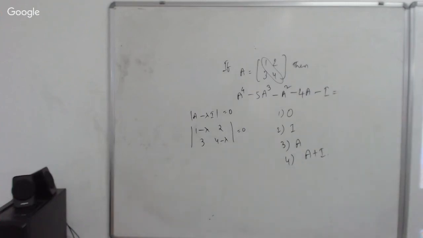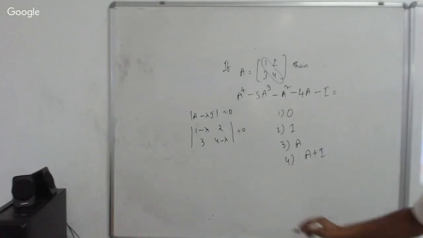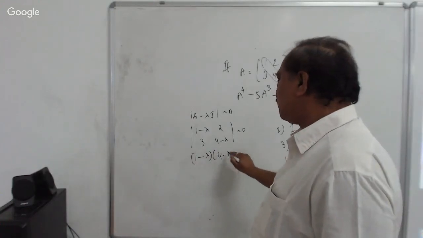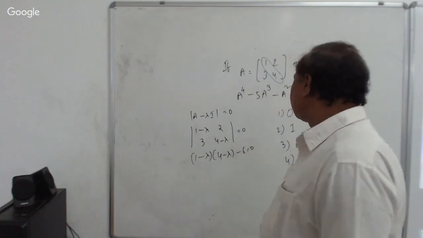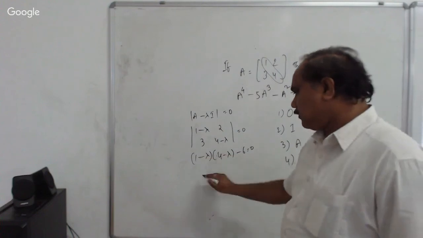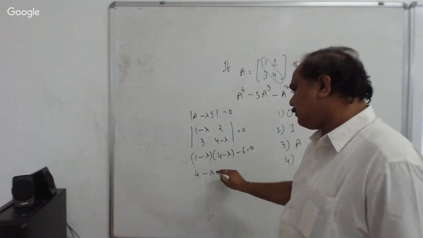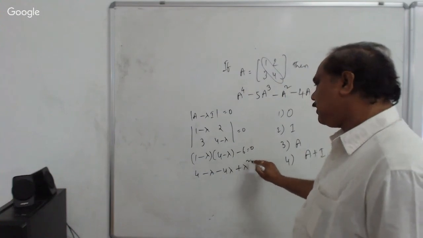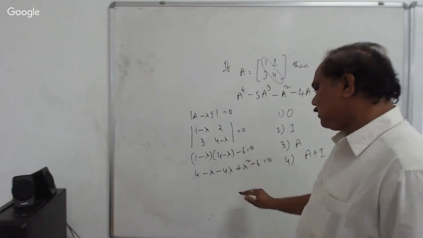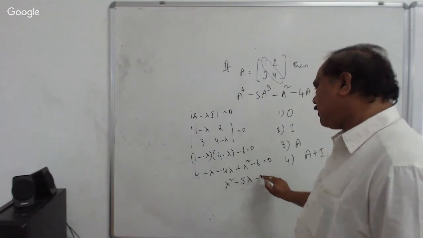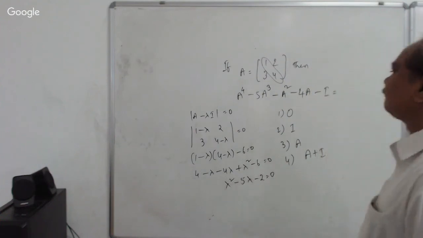Expand it: 1 minus lambda into 4 minus lambda minus 6 equal to 0. Now 4 minus lambda minus 4 lambda plus lambda square minus 6 equal to 0. That is lambda square minus 5 lambda minus 2 equal to 0.